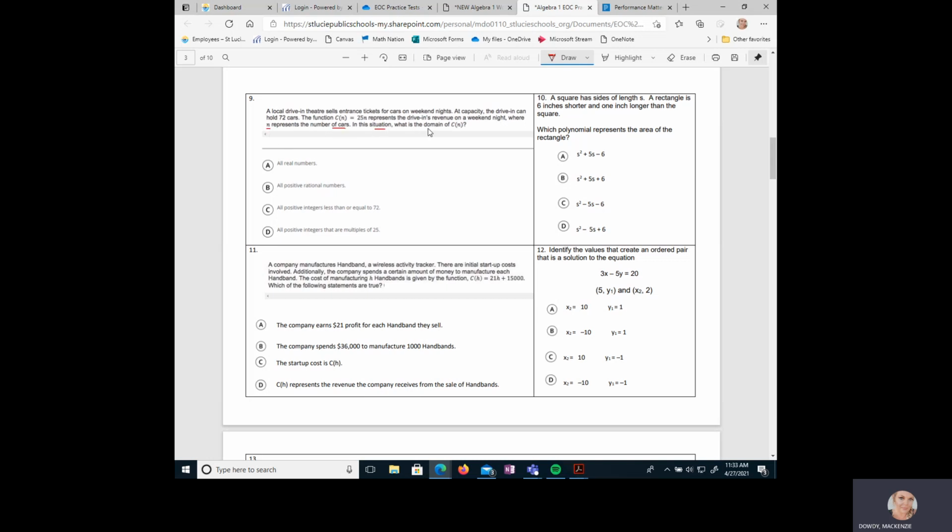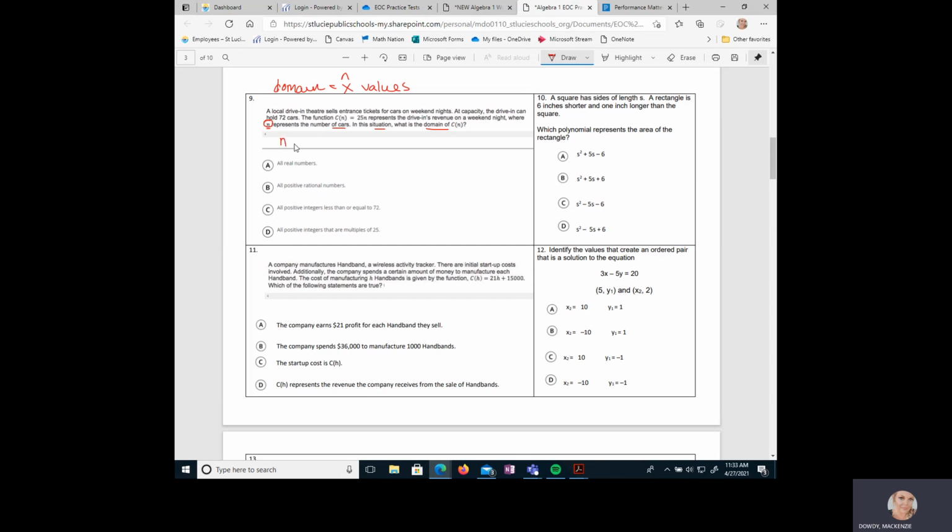In this situation, what is the domain? So remember, the domain are x values. In this case, x is n because it tells us n. Our variable here is n. Okay, so it's our n values.